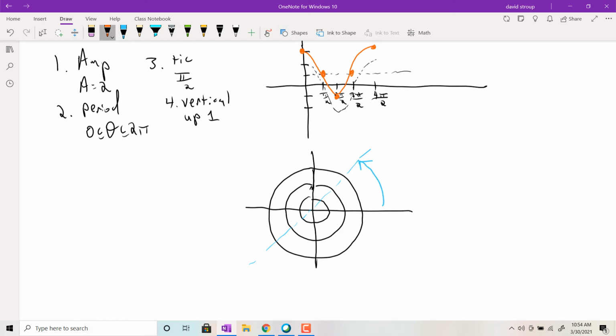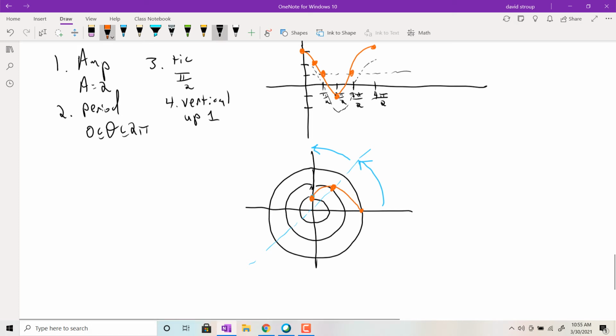Looks like the little red dots will go from 3 to about 2 in the first rotation. So I'm out at 3, and then I dip down to maybe around 2. And then from pi over 4 to pi over 2, I'm going to dip down to 1. So it should end up about right there. I should see something looking like this.